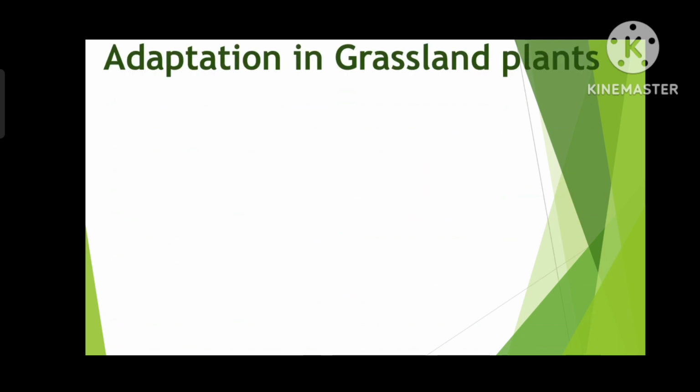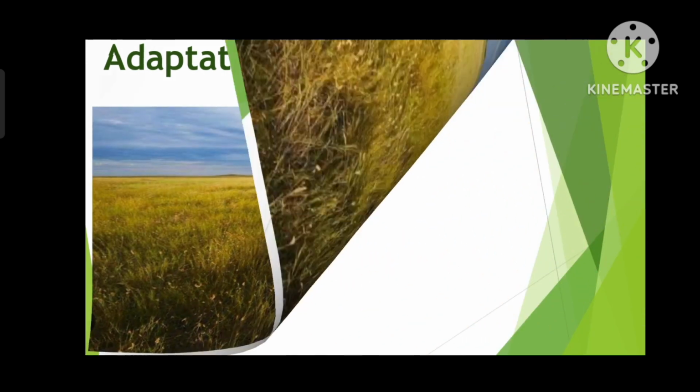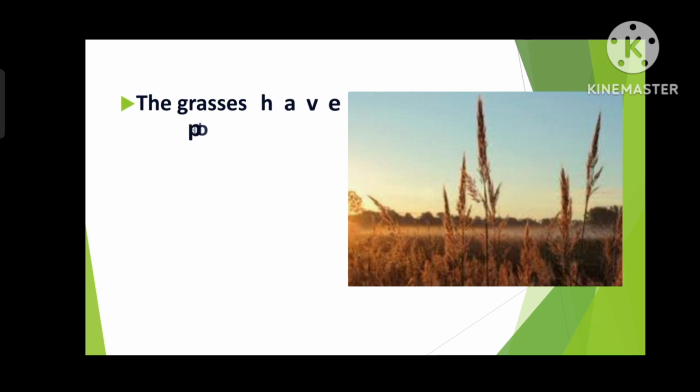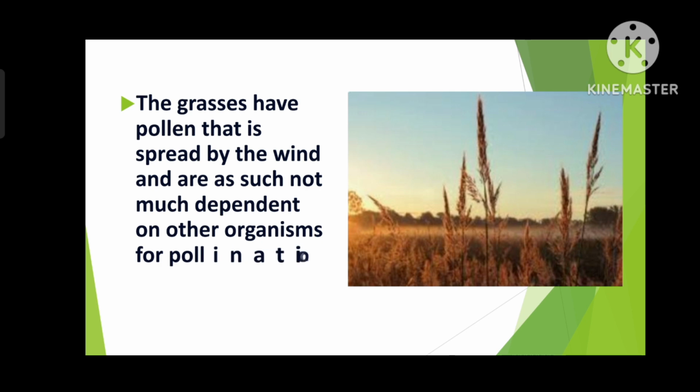Adaptation in grassland plants. Grasses have pollen that is spread by the wind and so are not much dependent on other organisms for pollination.